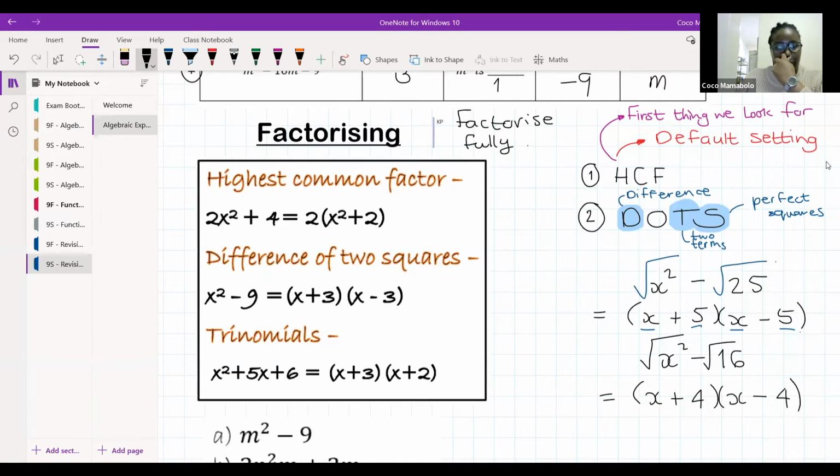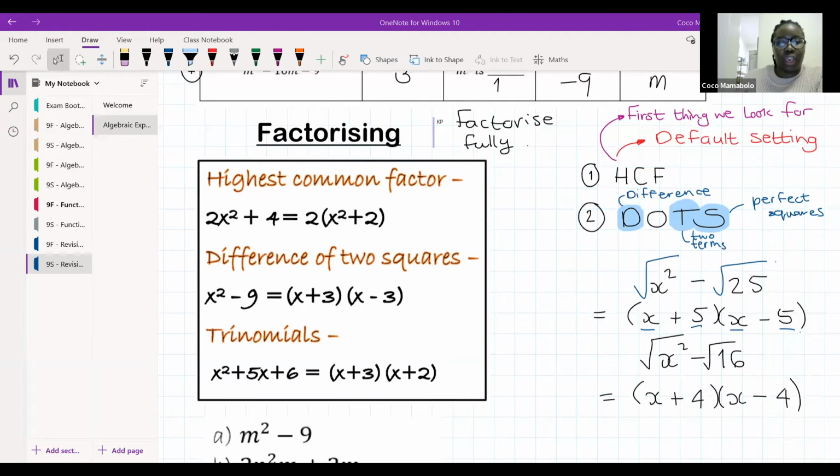Ma'am, so when you have two terms and there's a minus in between, your two brackets will basically, one will have a minus, one will have an add sign. Okay, it's not always going to be x. Sometimes they'll put a p or a y or a z. It doesn't matter. It's a variable. Yes, they'll put a variable there.